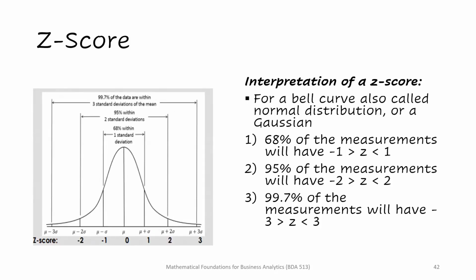So for a bell curve, also called a normal distribution or a Gaussian, 68% of measurements will have a z-score of -1 to 1, 95% will have a z-score of between -2 and 2, and 99.7% will have a z-score between -3 and 3.